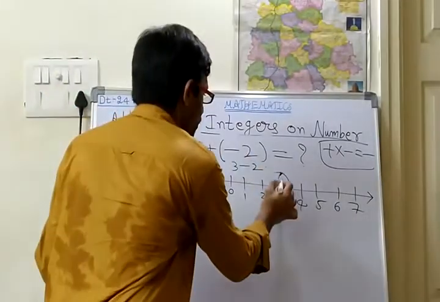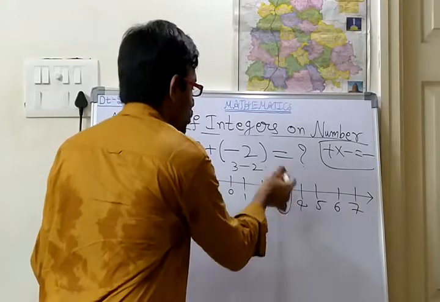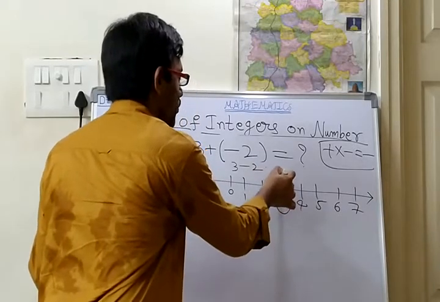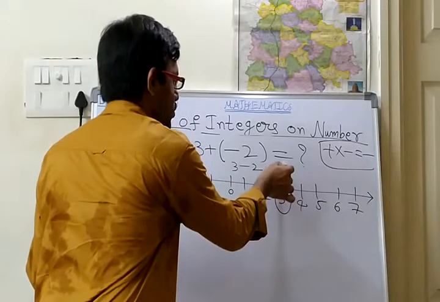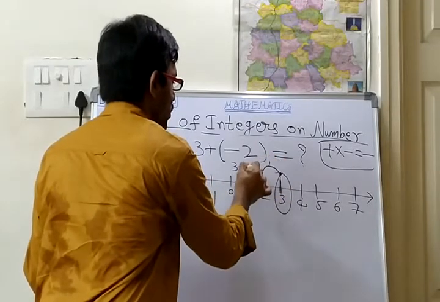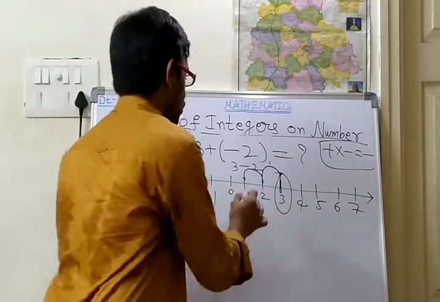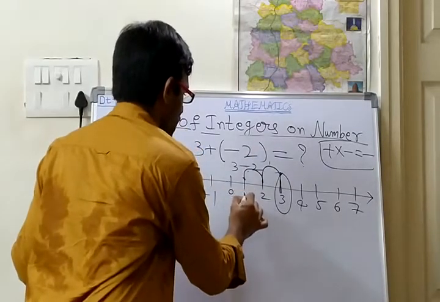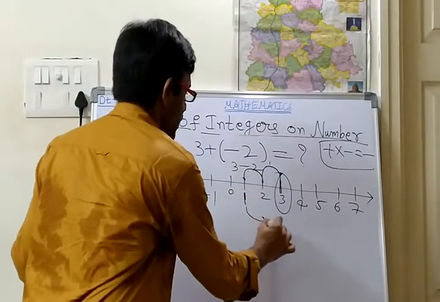From the number 3, you should move 2 steps to the left. So 1, 2. What is 3 minus 2 here? 1. So the answer is 1.